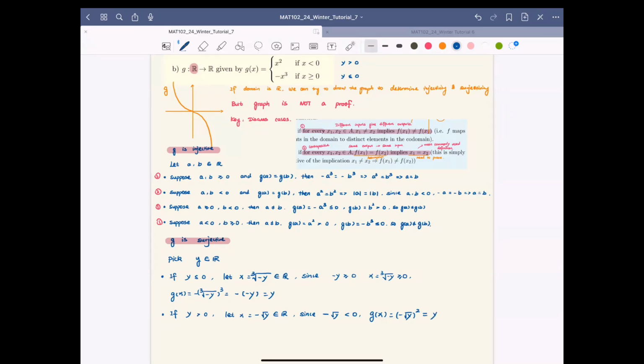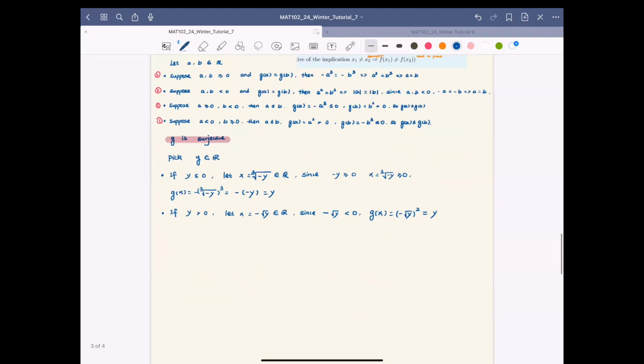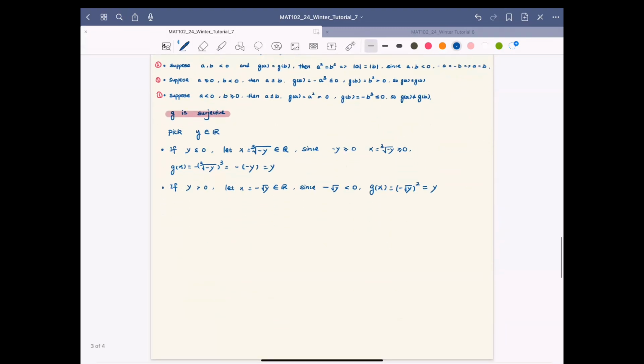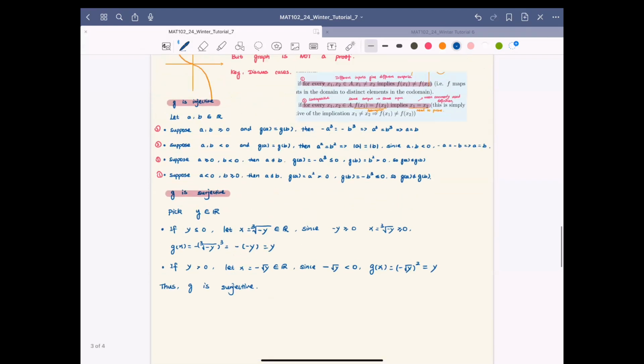So now we can conclude it's surjective. Hence, g is surjective. Make sense?